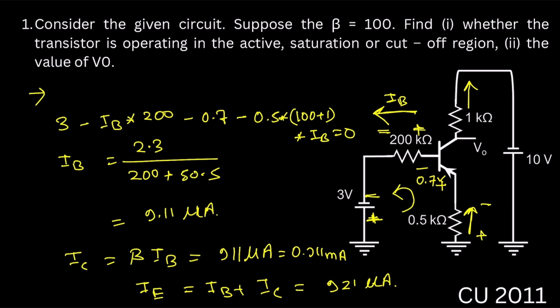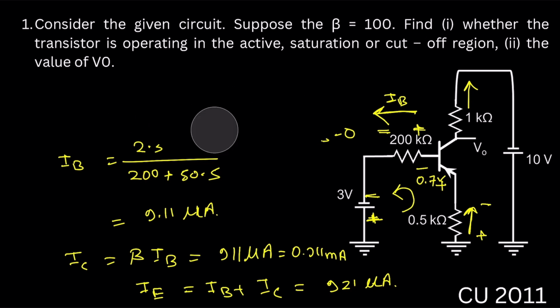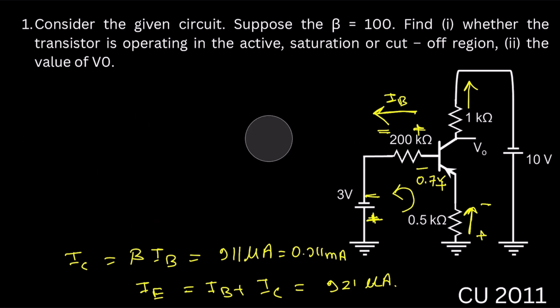Now we need to know the value of VC such that we can know the region of operation. So apply KVL at the output terminal, then we will get VCE will be minus 10 plus 1 multiplied by what is the value of IC?